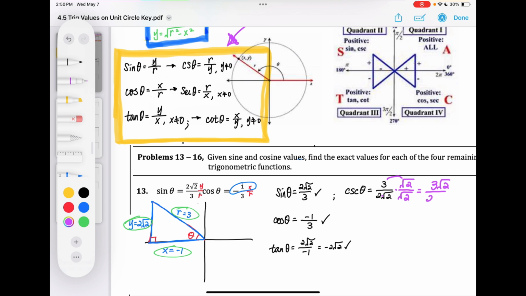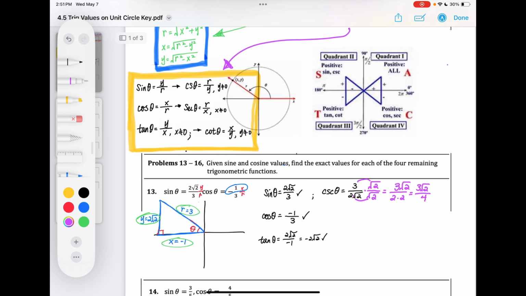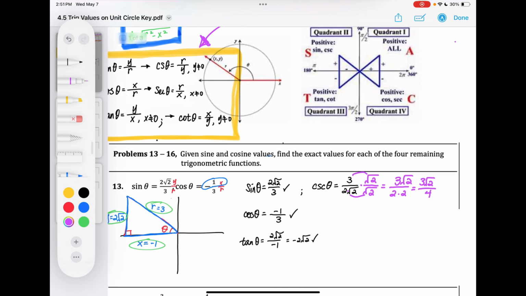Now activate your eagle eye. You have a 2 already. Square root 2 times square root 2 is 2. So what will be my final answer? As you see, we got 3 square root 2 over 4. And that's why we argued in the classroom, what is the final perfect answer? Now you got it: 3 square root 2 over 4.